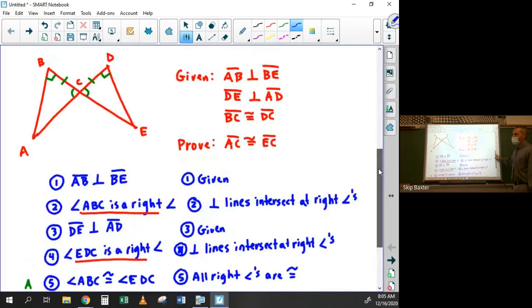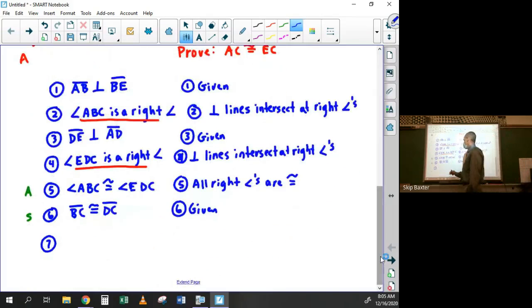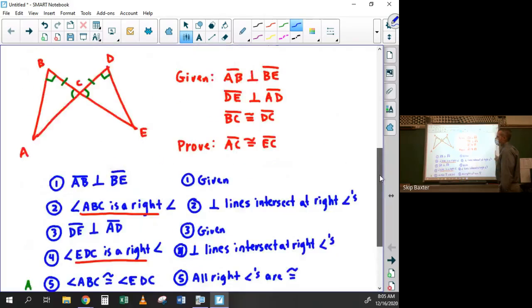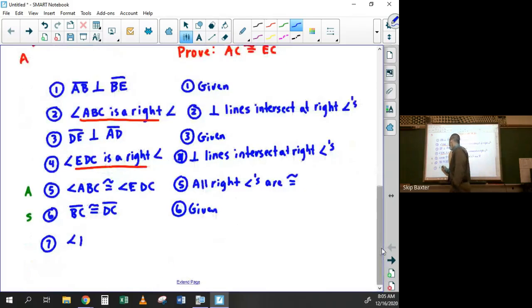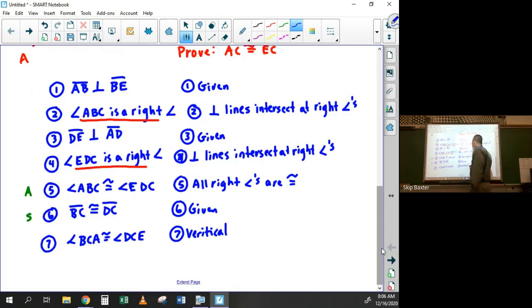Angle BCA is congruent to angle DCE because vertical angles are congruent. And that's the second pair of angles in the angle-side-angle.